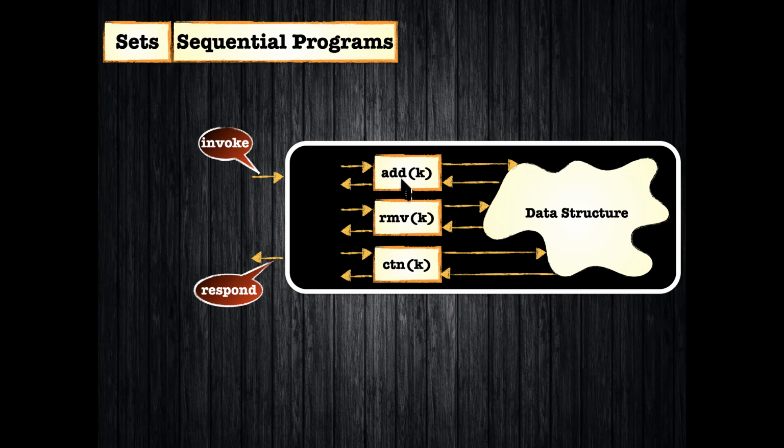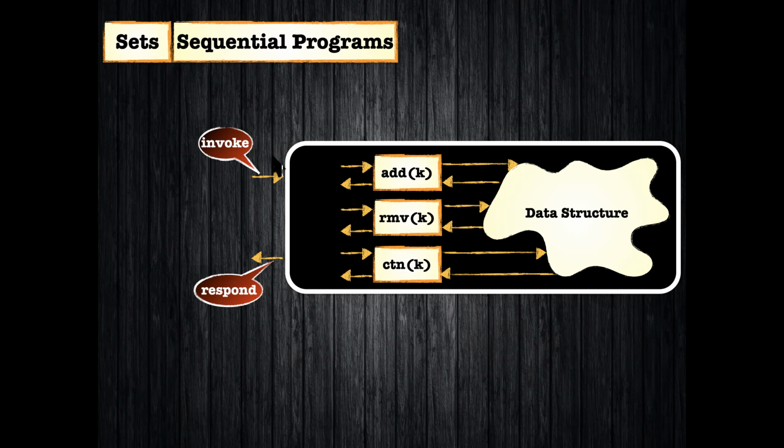Then you have different modules, each of which encodes the execution of one method. In the case of a set, we have 3 modules corresponding to the 3 methods that we have: add, remove, and contain. Each one of these modules has some input parameter, so it has the method name and the input parameter.